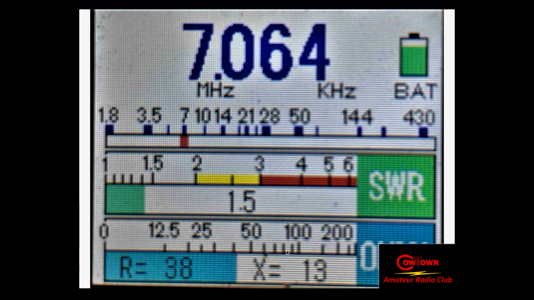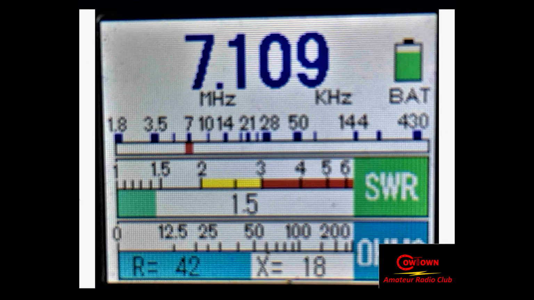So let's go back to my screenshot. I've got 7.064 megahertz. I've got an R of 38 and an X of 13. So what happens if I slowly start turning up the frequency? Here I was able to stop it at 7109 kilohertz. What did I do to X? It went up.